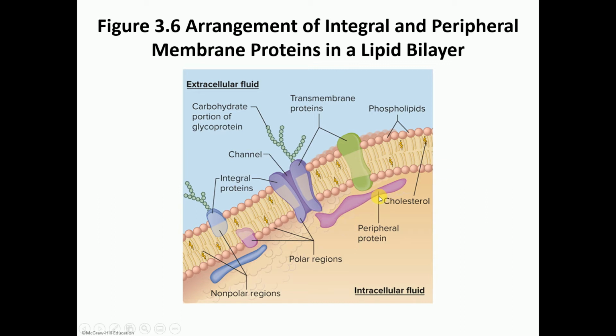They kind of dock right by the cell membrane, and they are related to these transmembranous proteins. So a lot of the times, the integral protein or this transmembranous protein will receive information and take it to this peripheral protein in order to take that message towards the inside of the cell. And we'll talk a lot more about this in detail when we get to cellular messaging and cellular communication.